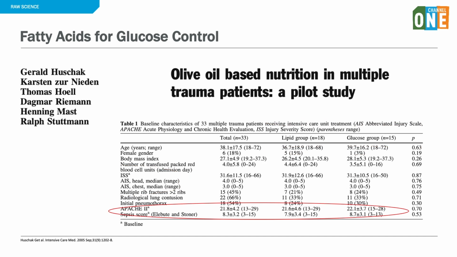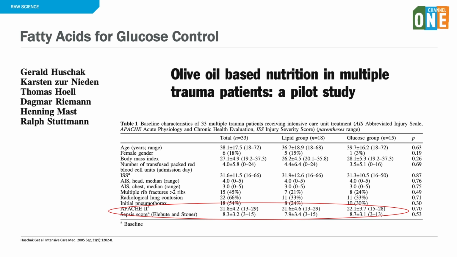Now, there was another trial that also looked at the use of fatty acids for glucose control. Here I highlighted that you always need to look at table 1 when you look at trials. I highlight that both groups were quite equal and had the same risk factors for death.